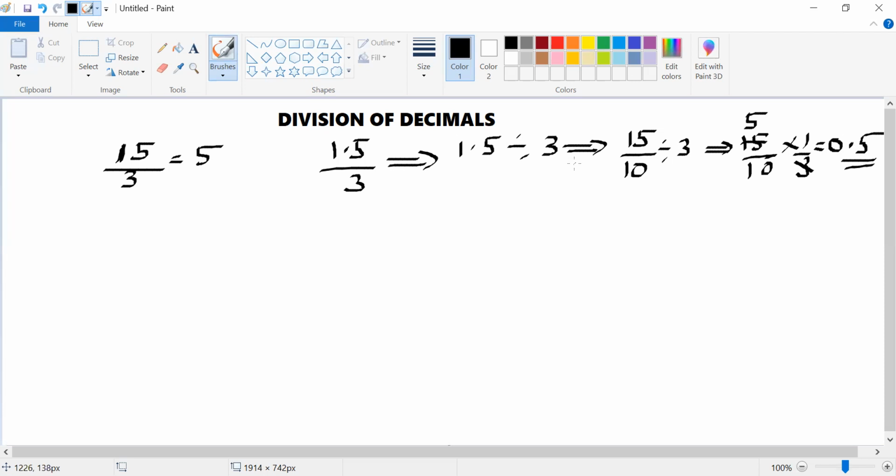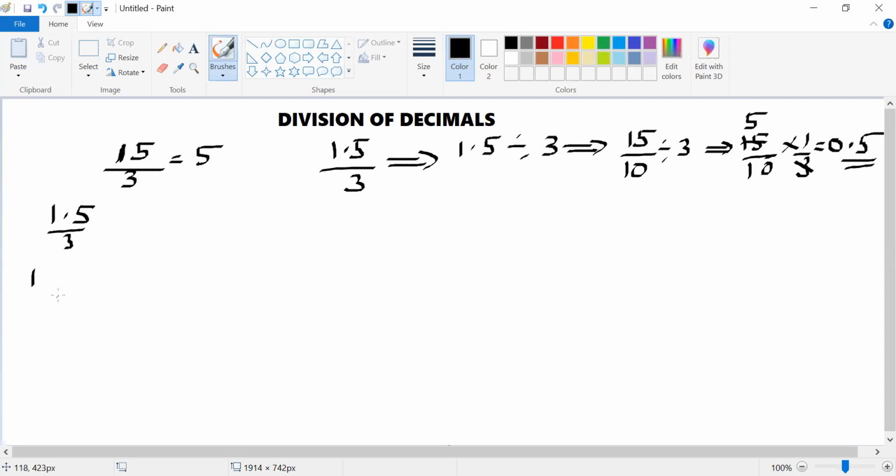Now we are going to learn how we can divide without converting to decimal fraction, the direct method. So 1.5 by 3. We know that 15 by 3 is equal to 5. Here the numerator is decimal, the denominator is a non-decimal. Numerator, how many decimal places are there? 1 decimal place. Denominator, how many decimal places? 0.